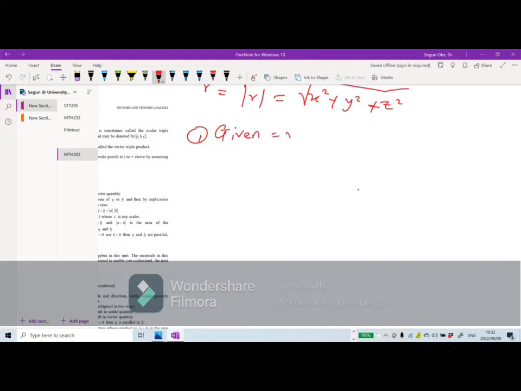Given R1 equals 3I minus 2J plus K, R2 equals 2I minus 4J minus 3K, and R3 equals minus I plus 2J plus 2K.